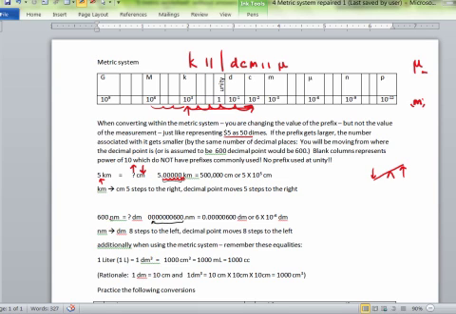In the second example, we are going from nanometers to decimeters. Here's nanometers, and we need to go 1, 2, 3, 4, 5, 6, 7, 8 places to get to decimeters. We need to realize where the decimal point is, which is at the right of the number. Since there is no decimal point in the number, we assume it's at the right, and we move it a total of 8 places.